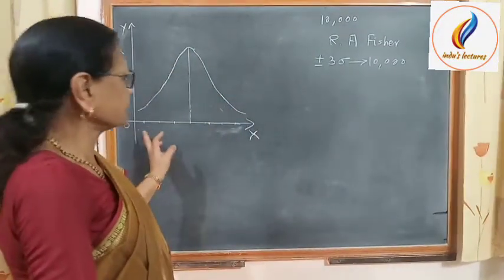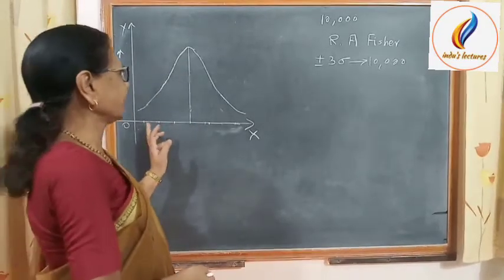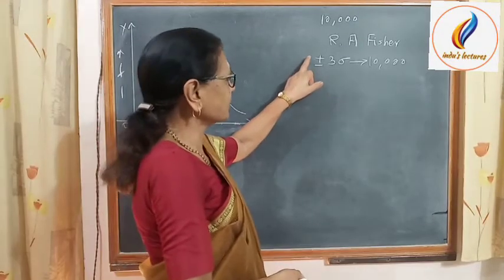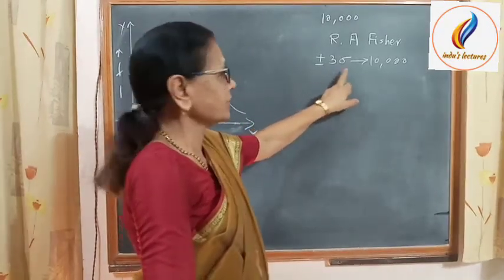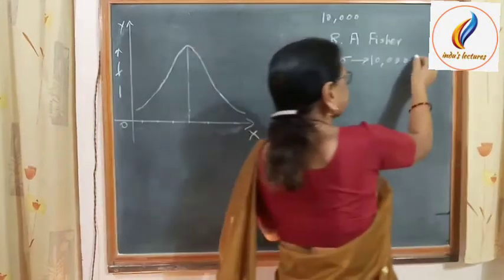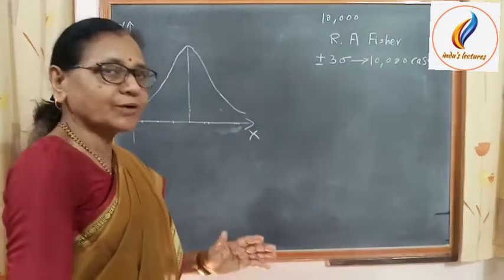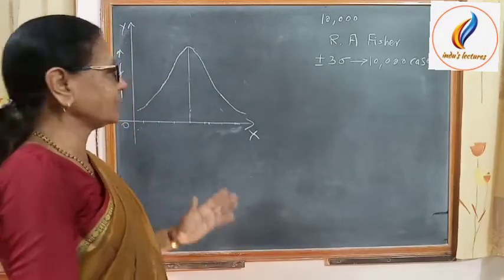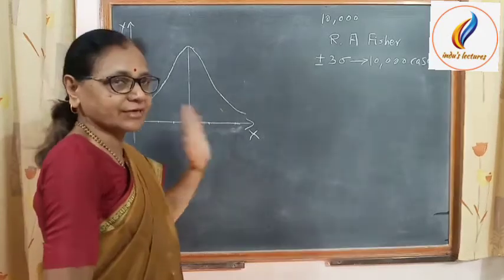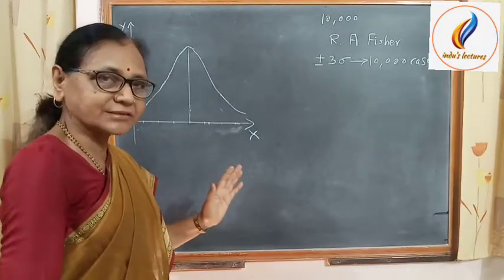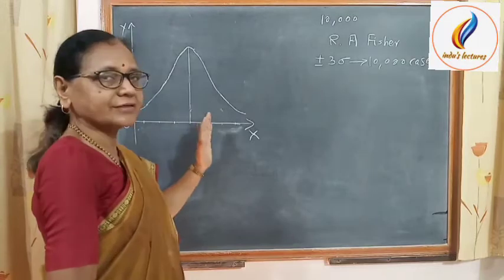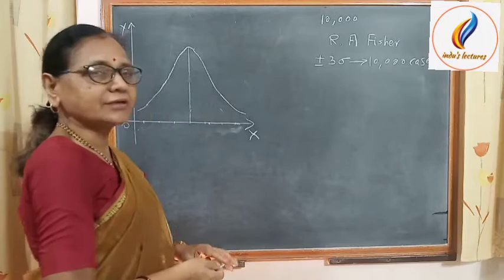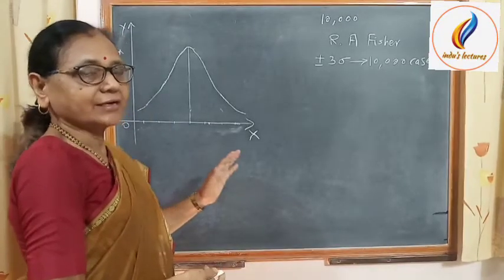With the help of the table we can find how many cases lie between the mean and a given sigma distance. If we know the sigma distance of a particular point, then we can find the number of cases between the mean and that sigma distance.